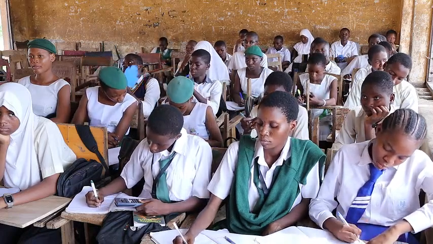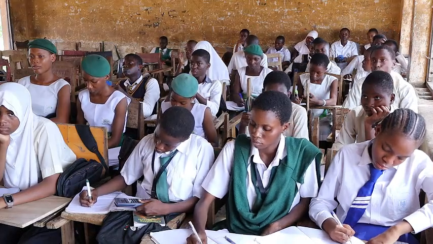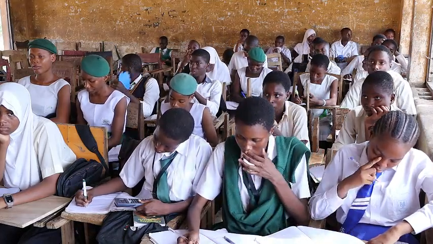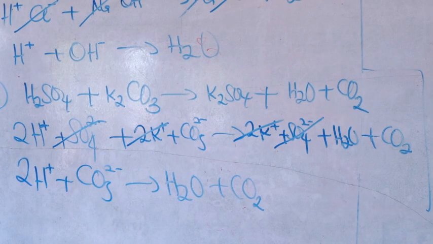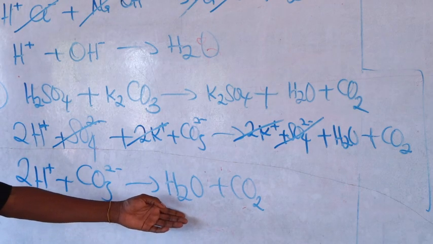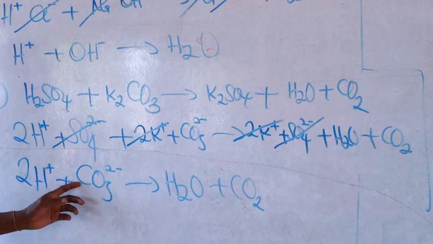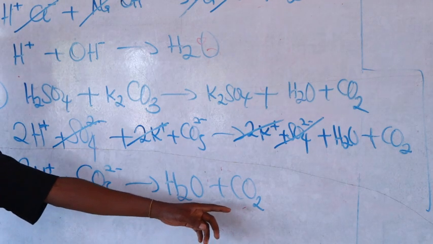You can see here, I think I've taught you ionic equation, balanced ionic equation. Look at this equation here now. Is it a balanced ionic equation or not? It's balanced. You can look at the atoms, 2 hydrogen, you have the 2 hydrogen here. 1 carbon, then we have 1 carbon. Then we have 3 oxygen, we have 3 oxygen.